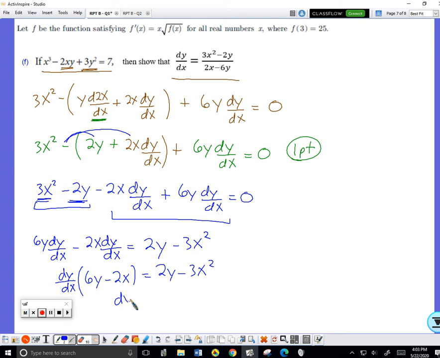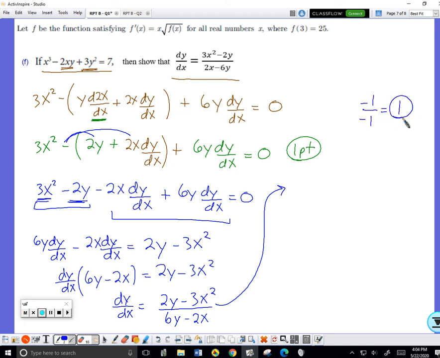Divide both sides. And now I have what they have, except that I have the opposite. So that's easy to fix. Remember, negative 1 divided by negative 1 is just 1. Multiplying anything by 1 doesn't change anything, it just changes the appearance.